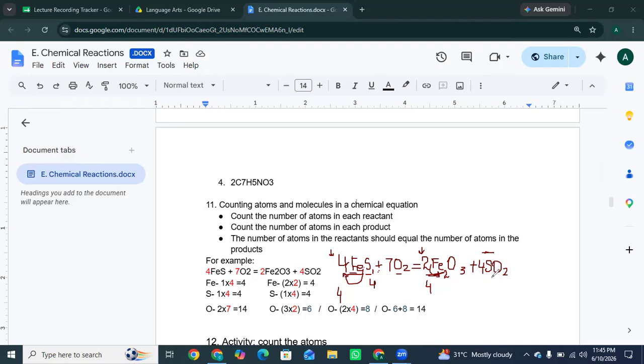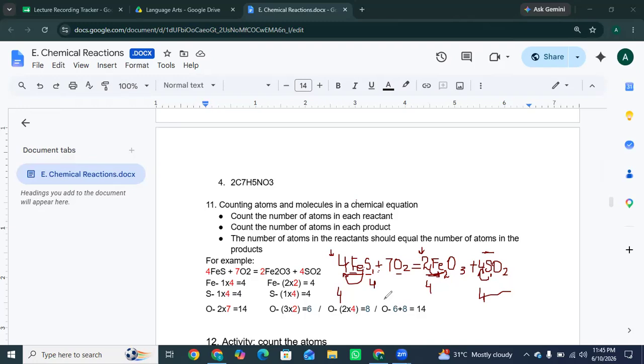When an element doesn't have a small number, it means it has one atom. Multiply the small number with the big coefficient, 4. 4 is equal to 4, yes, match.